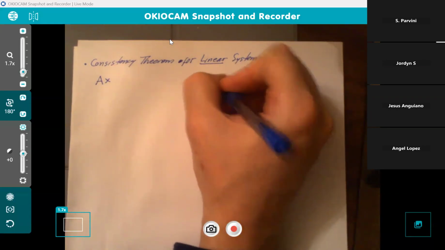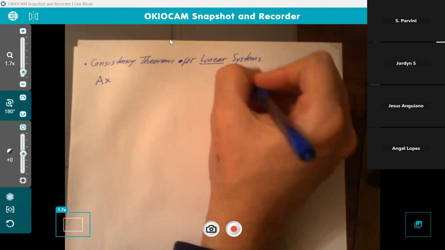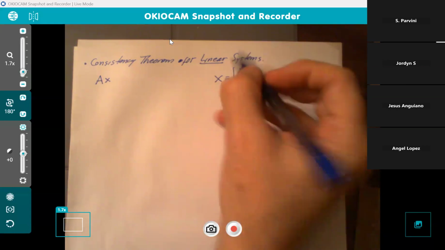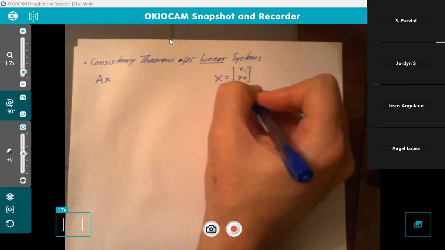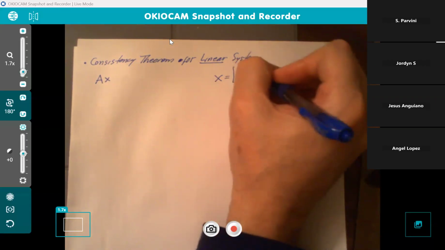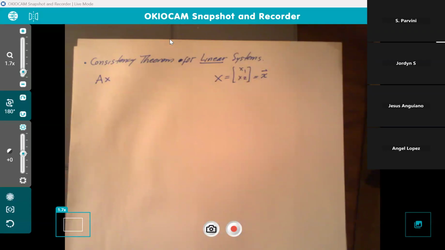Remember matrix X. Isn't this matrix X from the previous page? We can think of a column matrix as a column vector, couldn't we? So if you want, we can write it as X with an arrow on top.